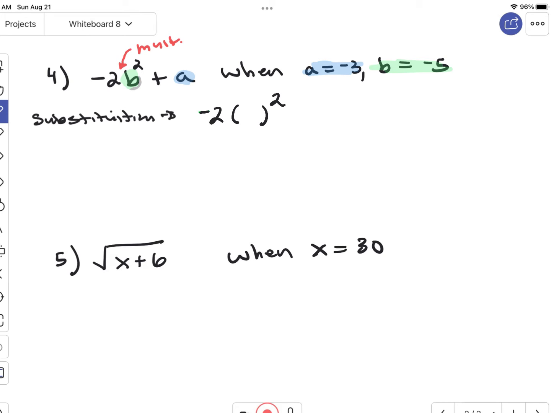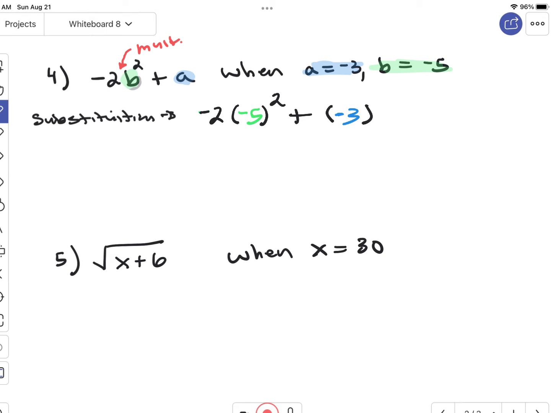And then B is negative 5. And A, since A is a negative, we're going to put that in parentheses too. So we're going to put A in parentheses as well. And then that's the first step.